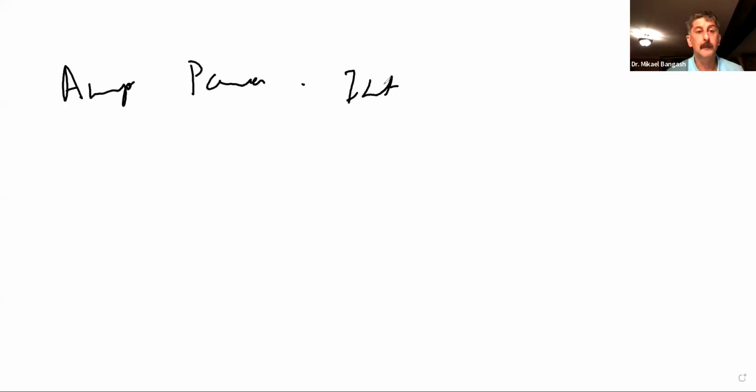As the sound wave propagates through the body, the amplitude will decrease, the power will decrease, the intensity will decrease. So yes, they usually decrease. And that decrease is what we call attenuation.